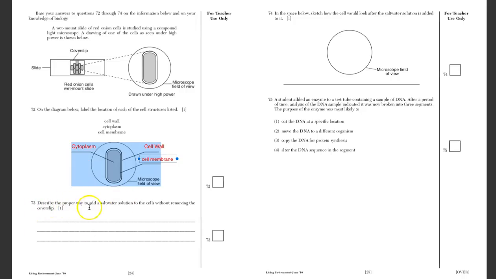73, describe the proper way to add a salt solution to the cells without removing the cover slip. So this is the case of you have the slide and the cover slip. If you remove the cover slip, you're going to ruin the whole specimen.